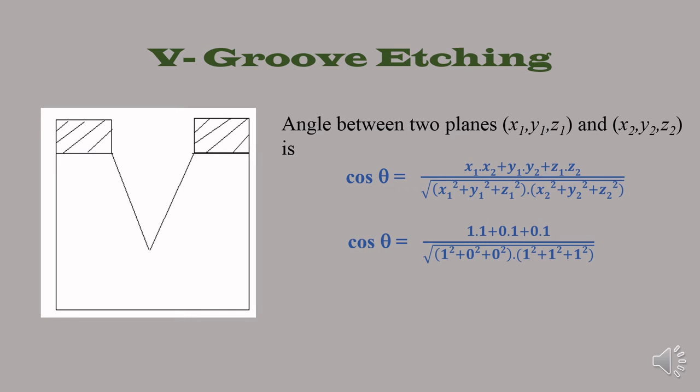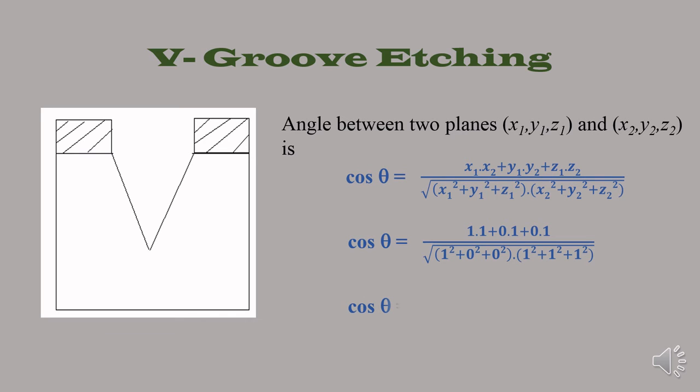What is the next step of this calculation? Cos theta equal to, where x1 y1 z1 is the 100 plane and x2 y2 z2 is the 111 plane. By putting in the values, we get 1·1 plus 0·1 plus 0·1 divided by the square root of 1 square plus 0 square plus 0 square, times 1 square plus 1 square plus 1 square.